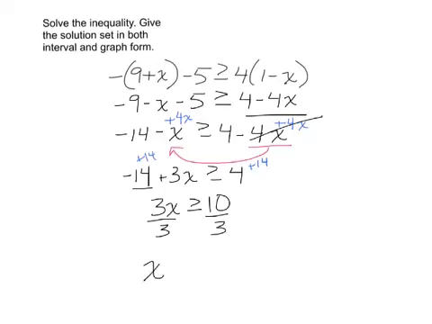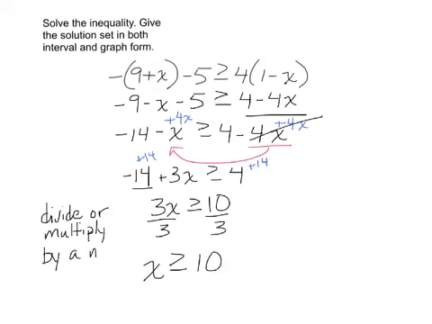Now it's at this point, when you end up dividing by a number, that you have to be careful. If you ever divide or multiply by a negative, we did not do that here, but if we were dividing by negative 3, if you ever divide or multiply by a negative, you want to switch the direction of the inequality.